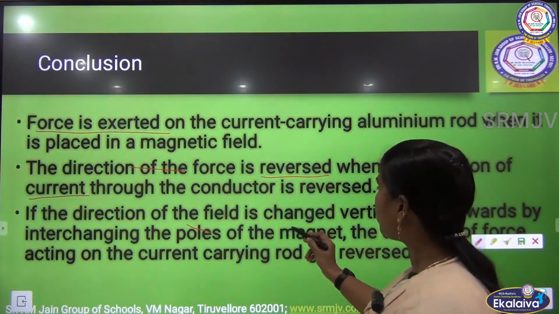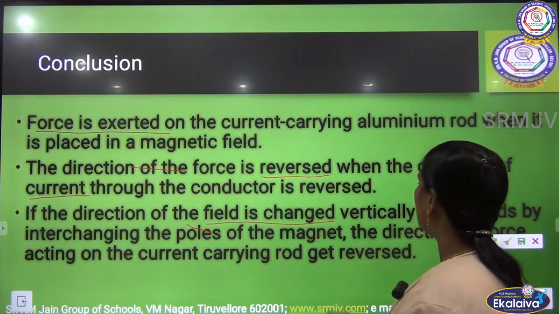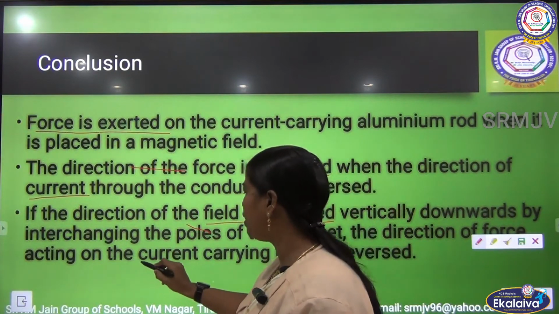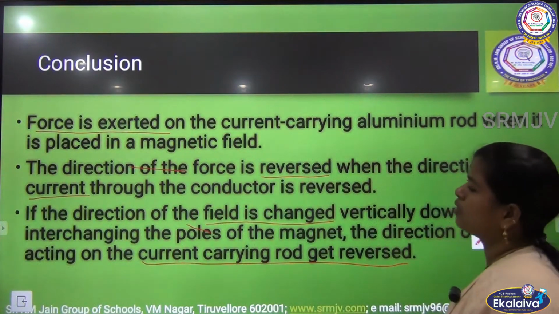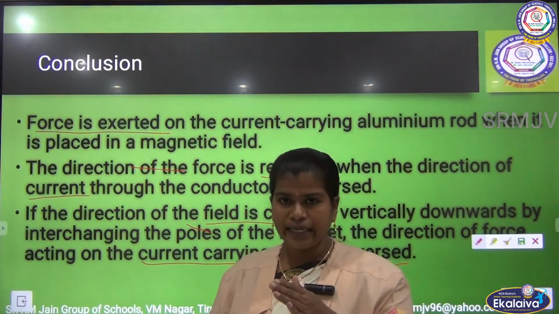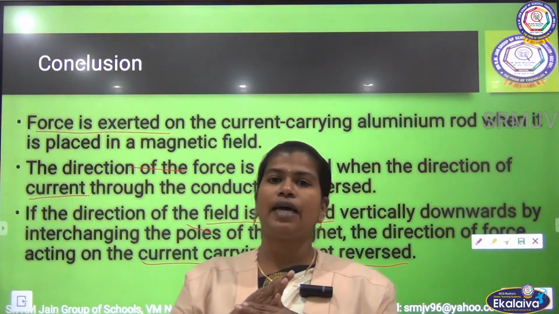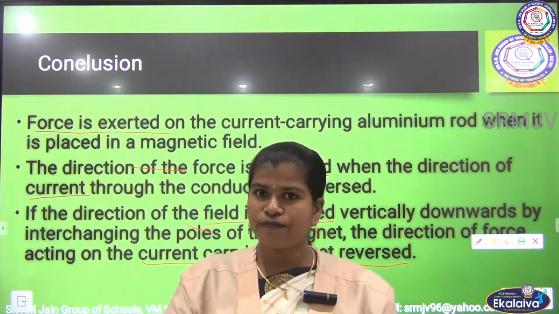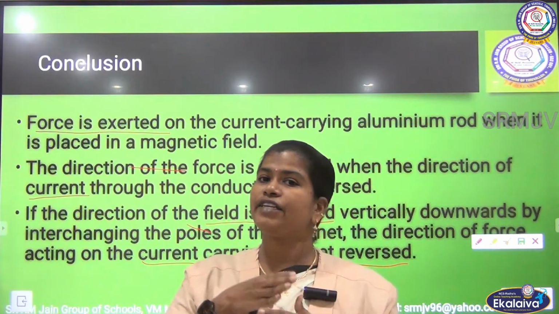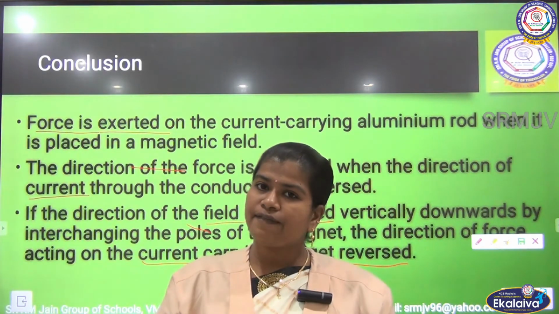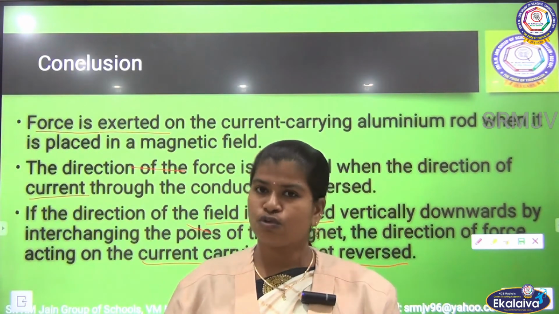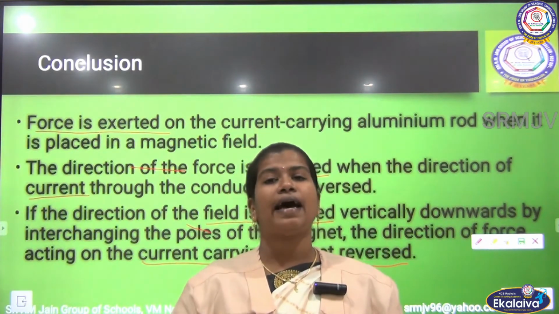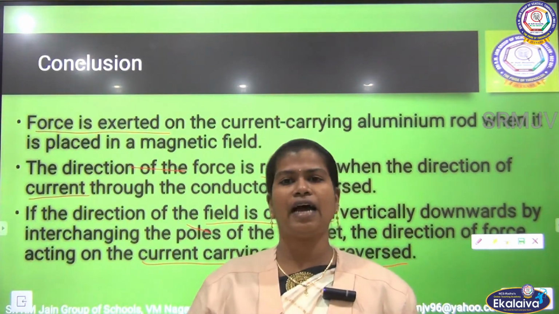And if the direction of the field is changed vertically downward by interchanging the poles of the magnet, the direction of the force acting on the current carrying conductor gets reversed. Now in order to find out the direction of the force, we have a rule.